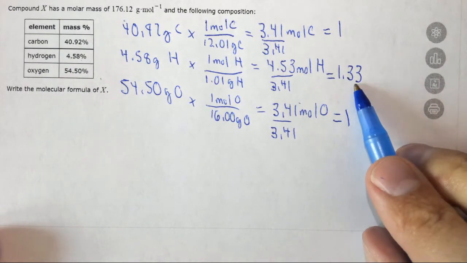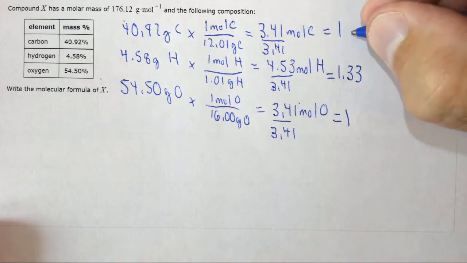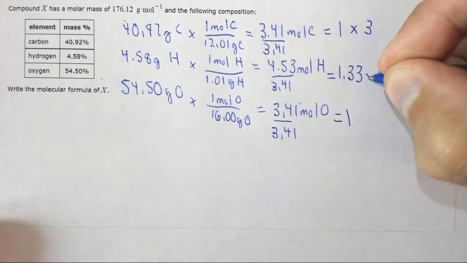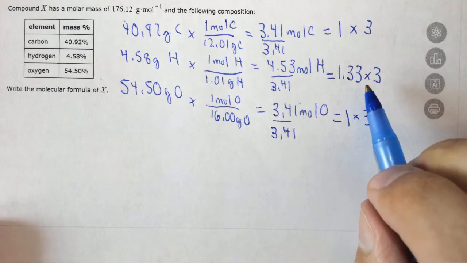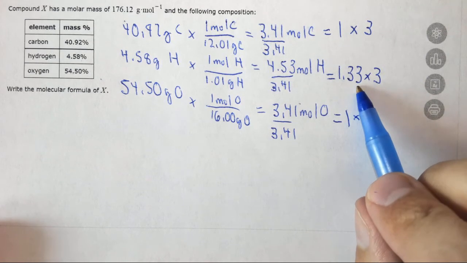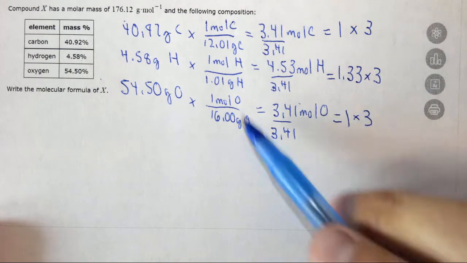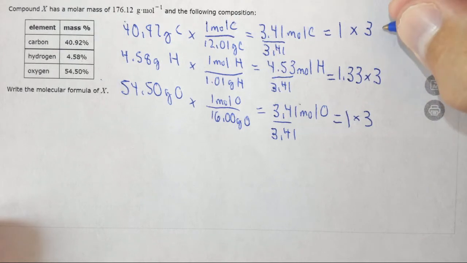Since you can't have 0.33 of a hydrogen, and 0.33 is a third, what we want to do is multiply everything by 3. Now, as I mentioned in the previous video, in the lab, the instructor may tell you to round to the nearest whole number because this could come from experimental error. But here, from a textbook example, it doesn't come from experimental error, so you need to multiply everything such that this gives you a whole number.